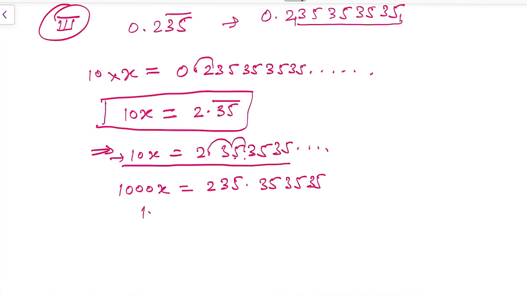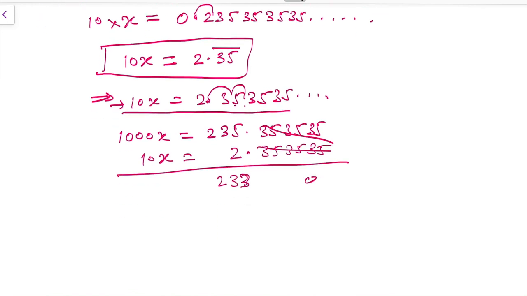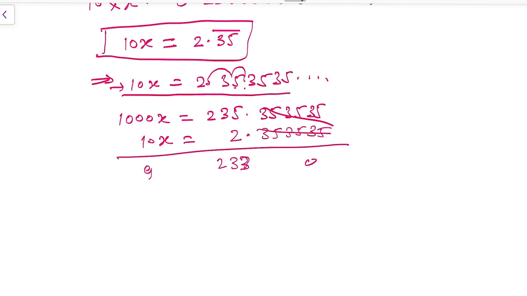Now we subtract this number from this number. 1000x minus 10x, with point below point, and we don't take 35 here, because the original number was 2.35, so here we write 2 and then 35 and 35 continue. This gives 0 in the decimal part and 233 on the other side, and 990x on this side.